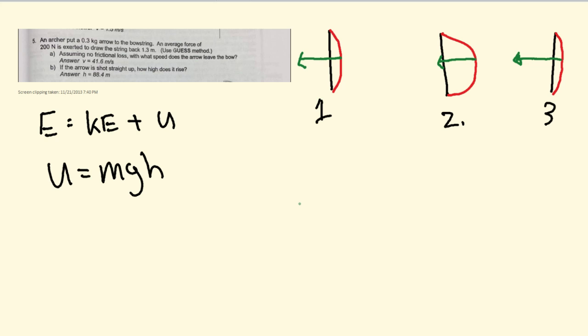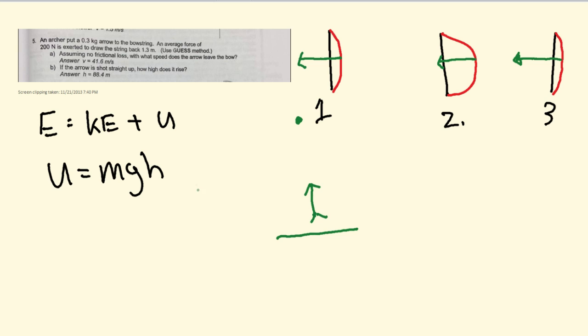If he fires it straight up from this point right here, then at this point, the arrow is still going to have kinetic energy. But once it reaches the point where it begins to fall down, it will no longer have kinetic energy because there is no longer any velocity.